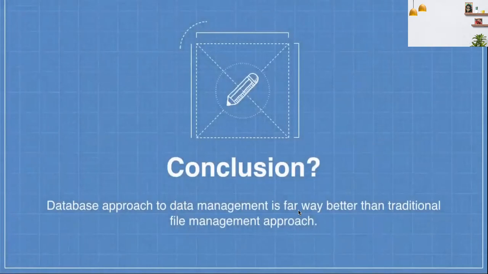Okay, so therefore, I hope you agree with me that database approach to data management is far better than the traditional file management approach. Kasi 'di ba, business use their databases to keep track of basic transactions such as paying suppliers, processing orders, keeping track of customers, and paying employees.